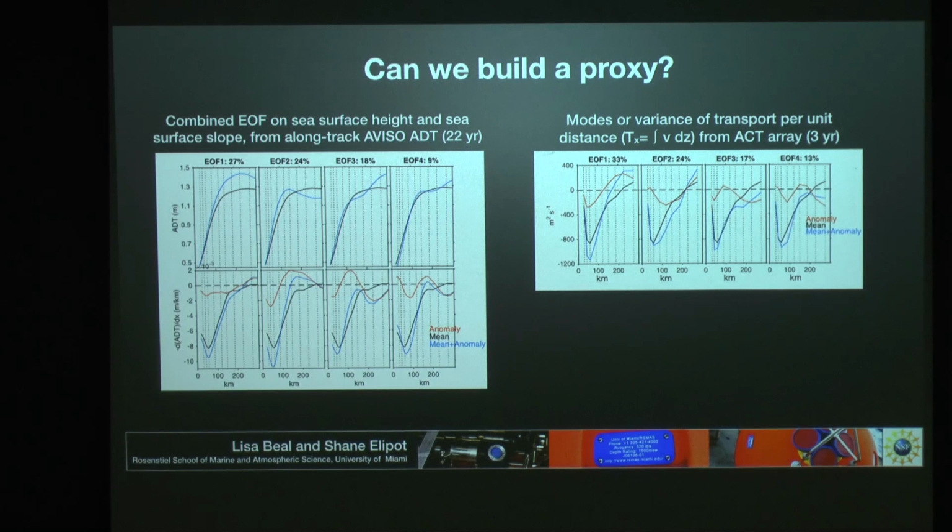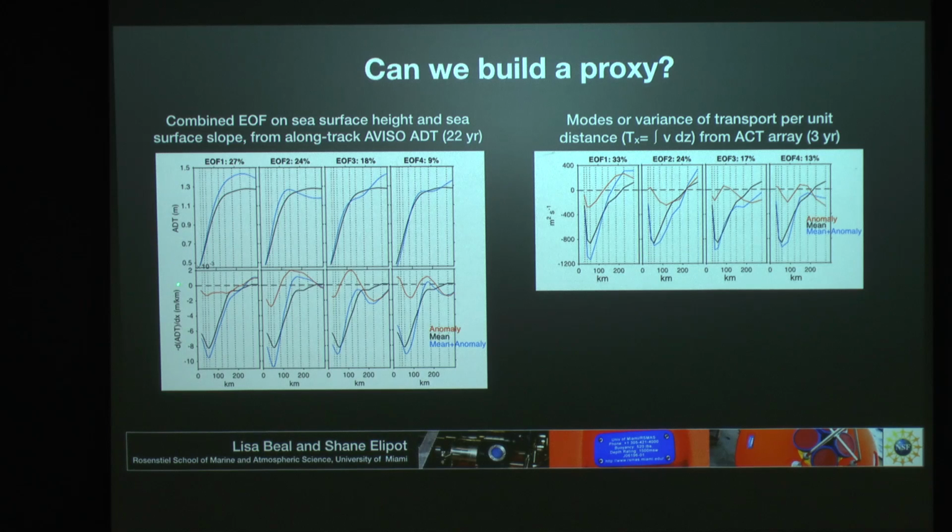Okay, so moving on, how can we build a proxy? We want to try to relate this in situ data of transport variability to the sea surface, because that's where we have 20 years of satellite altimeter data along the array. And so first of all, we looked at if the sea surface height is varying in the same way as the transport in the array.